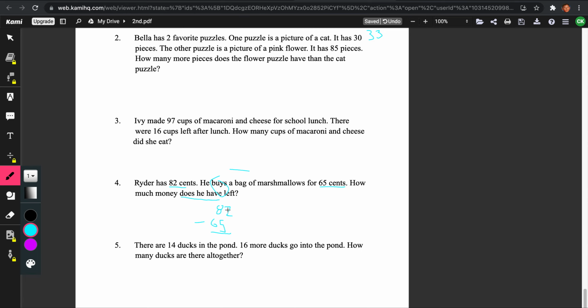So what you would first do is get rid of this. I mean, we need to take a 1 from 80, then move the 10, and you do 10 plus 2, and that's 12. Then you do 12 minus 5, that's 7. 7 minus 6, that's 1. So Ryder would actually have 17 cents left. Okay, and that's it.